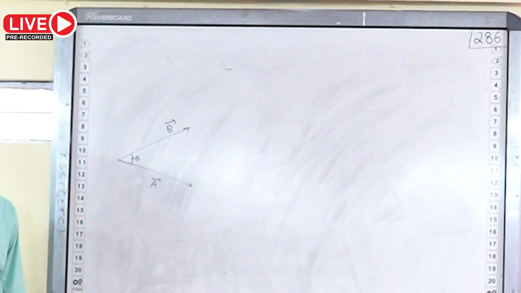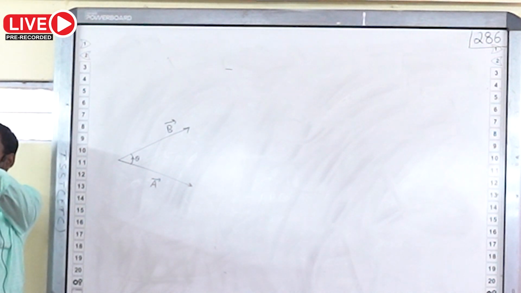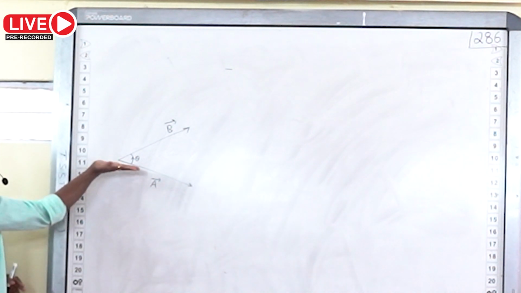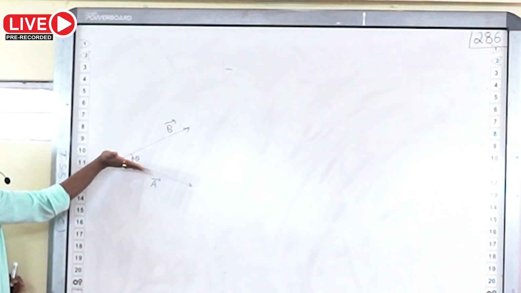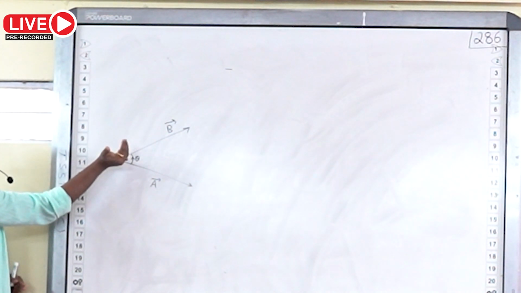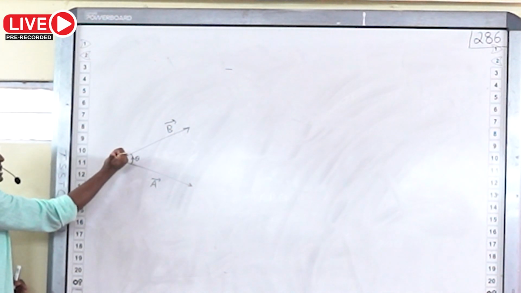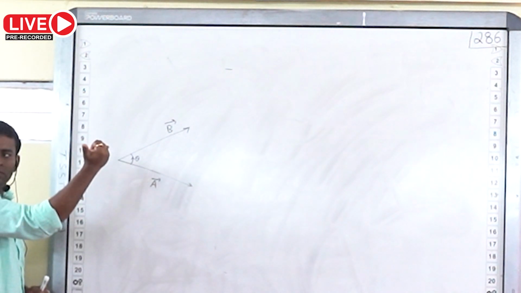Always the right hand. You have to place the four fingers of your right hand along the direction of vector A, and then rotate them towards the direction of B, and in that case your thumb will show the direction out of the board.